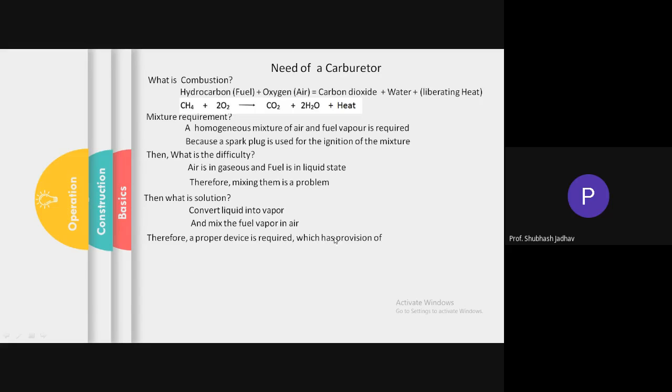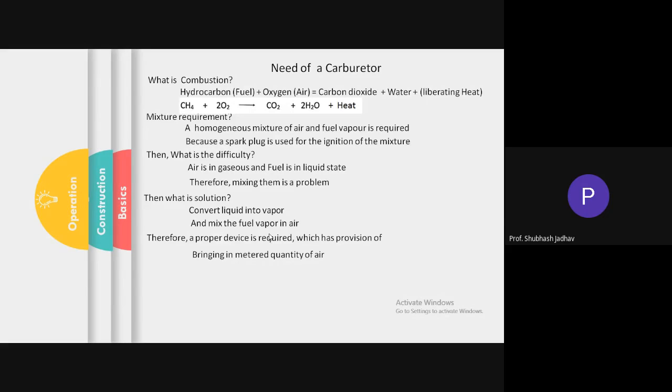And therefore a proper device is required which has a provision of bringing in metered quantity of air. Therefore, this is where our requirement of the carburetor is coming into the picture. Why? Because we have to prepare the mixture outside, and the mixture has to be homogeneous. But the problem is, one is a gas, one is a liquid, and we want to mix this gas with liquid, which is not possible.